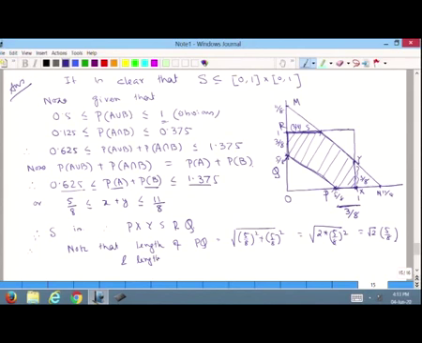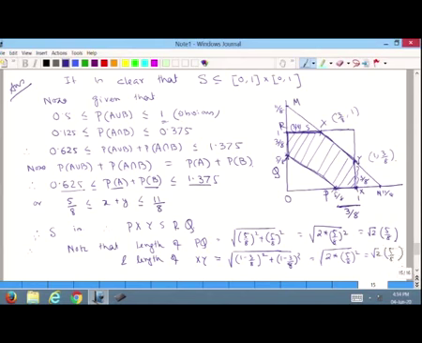And length of this XY is equal to root over (1 minus 3/8) whole squared plus (1 minus 3/8) whole squared, because this point is (3/8, 1) and this point is (1, 3/8). This is equal to square root of 2 into (5/8) whole squared, which is root 2 into 5/8.